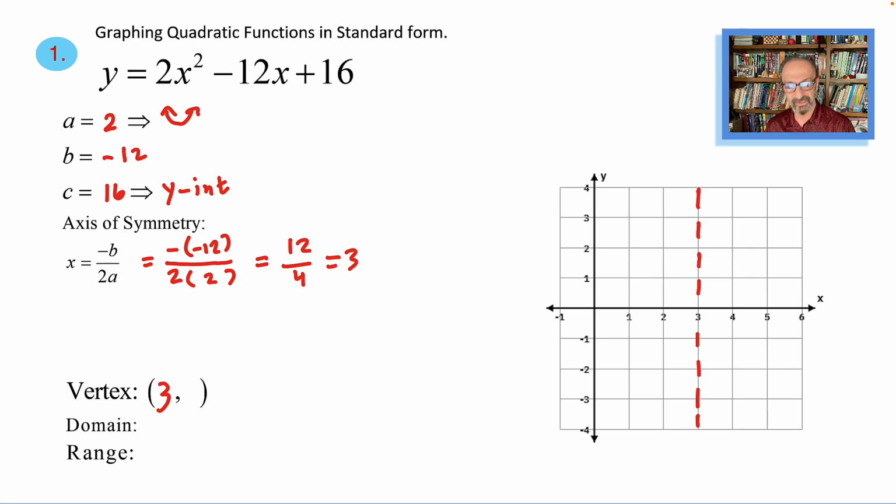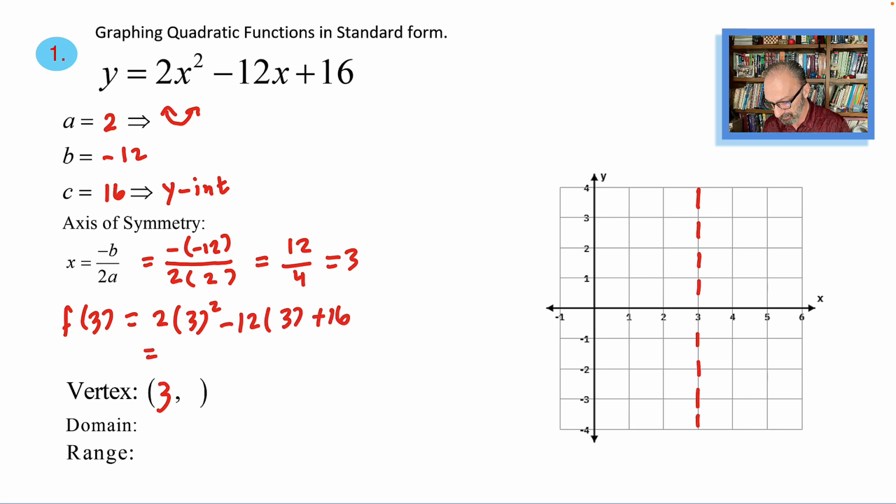We don't know if the vertex is going to be below the x-axis, on the x-axis, or above. So let's find the y-coordinate. The y-coordinate will be f of 3, which is 2 times 3 to the second minus 12 times 3 plus 16.